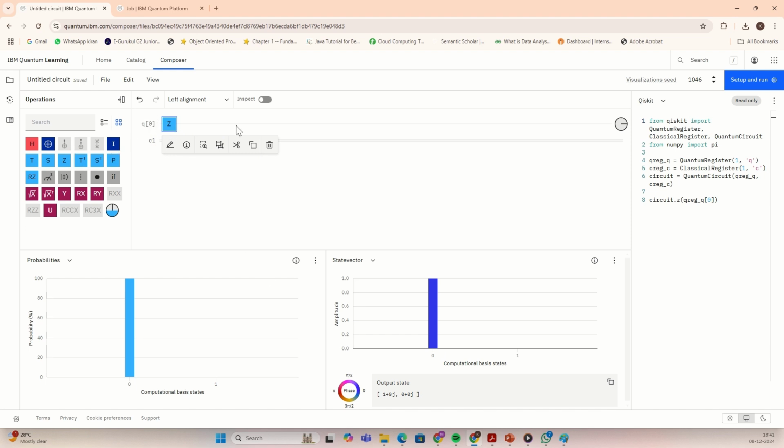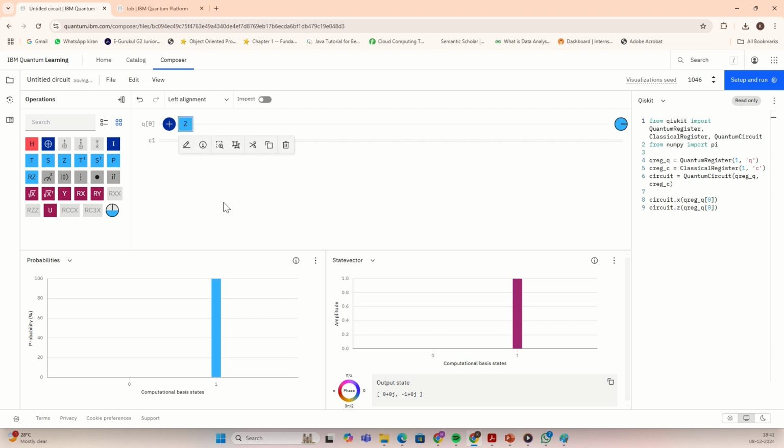Now I want to see what happens when I apply |1>. Firstly, I need to convert this input to 1. To convert the input to 1, I will apply the NOT gate over here. So here I am getting 1. Now I will apply the Z gate.